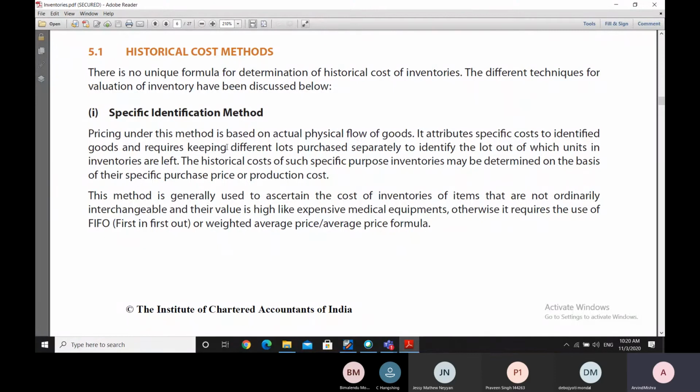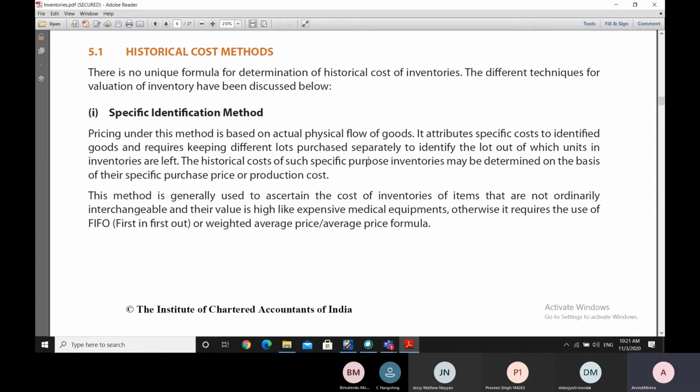That lot number so and so has this price. All these lots are purchased separately, and therefore each lot is separately identified.